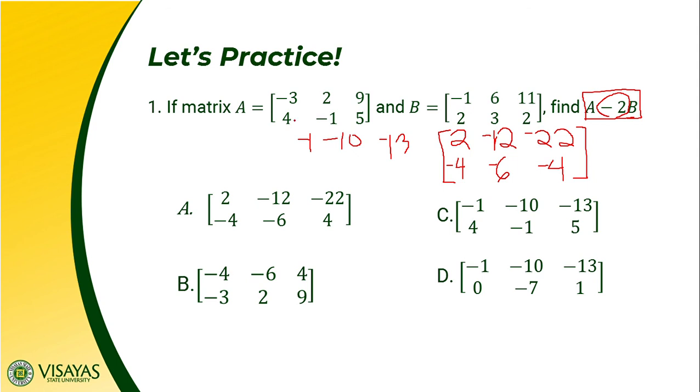We have 4 plus negative 4 is 0. Negative 1 plus negative 6 is negative 7. We have 5 plus negative 4 is 1. And therefore, the resulting matrix now contains elements negative 1, negative 10, negative 13, 0, negative 7, 1. And therefore, the answer is letter D.